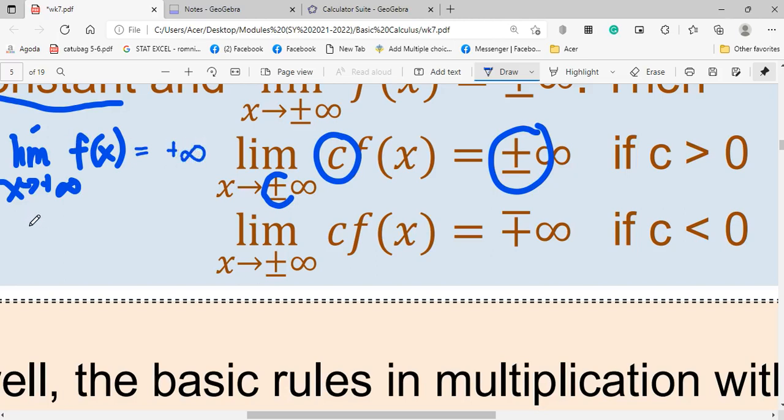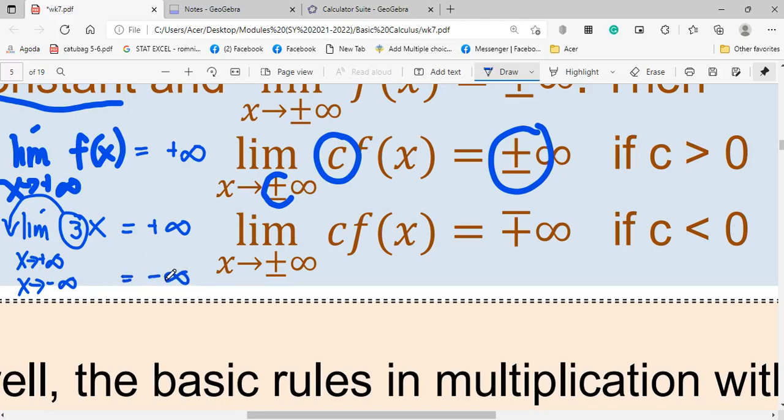Katulad nito, katulad ng limit of 3x. As x keeps on increasing, the answer is still positive infinity. Kapag i-factor out mo, ilabas mo yung 3, sabi niya, ay hindi siya nakaka-apekto sa nangyayari sa value of x. So kapag binaliktad mo naman siya, x approaches negative infinity, the answer remains to be negative infinity.